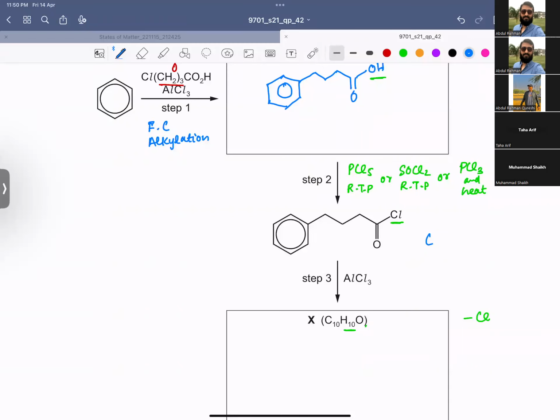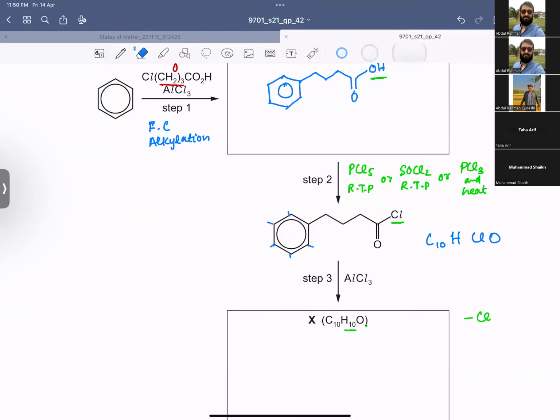How many carbons are there? 10 carbons. Let me count the hydrogen. There is 1 chlorine and 1 oxygen. So if you count the hydrogen, 1, 2, 3, 4, 5, 6, 7, 8, 9, 10, 11. So there are 11 hydrogens.